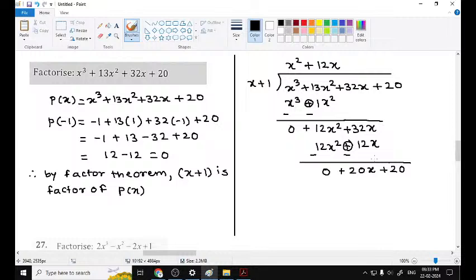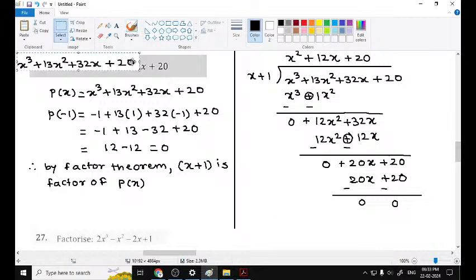Now 20x upon x, the division is 20, and that is the last term in the quotient. 20x plus 20, subtraction, change the signs. 20x minus 20x is 0 and 20 minus 20 is also 0.